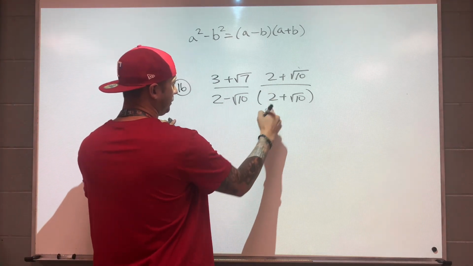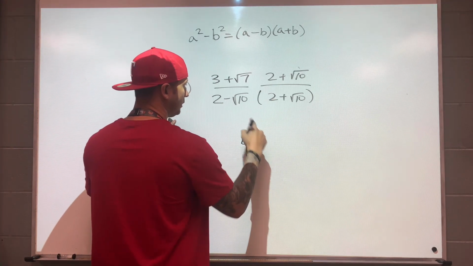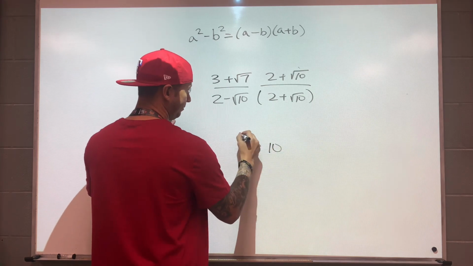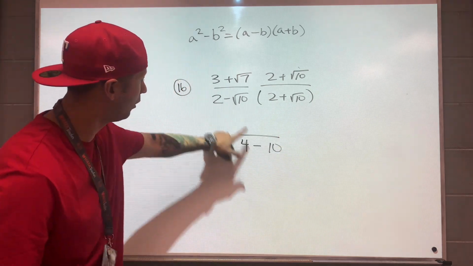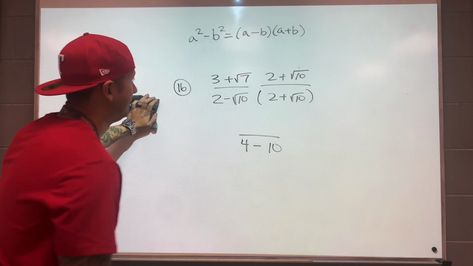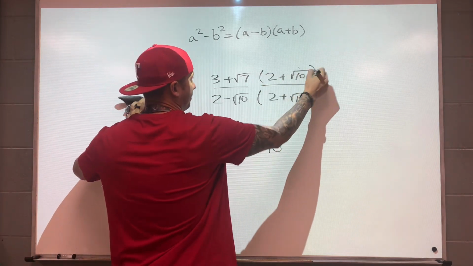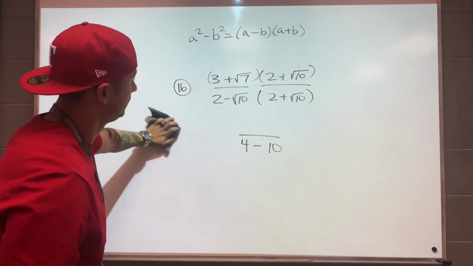All right, 2 times 2, 4, 10. Root 10 times root 10, always separated by a minus. The top, not so much.